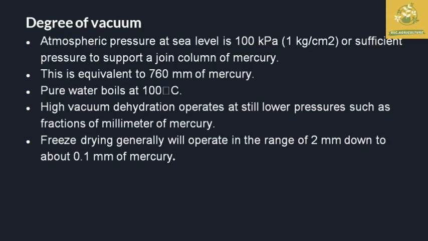The degree of vacuum can be expressed as a pressure of 100 kilopascal, or as a column of mercury, equivalent to 760 mm of mercury, where pure water boils at 100 degrees centigrade. A high vacuum dehydration operates at still lower pressures, such as a fraction of a millimeter of mercury. Freeze drying generally operates in the range of 2 mm down to about 0.1 mm of mercury.